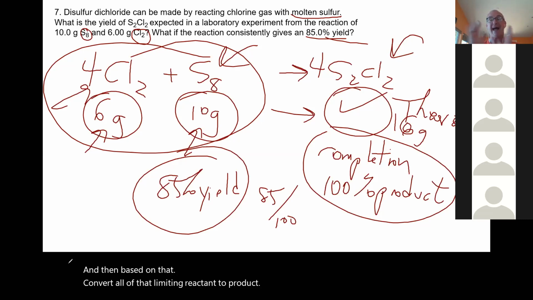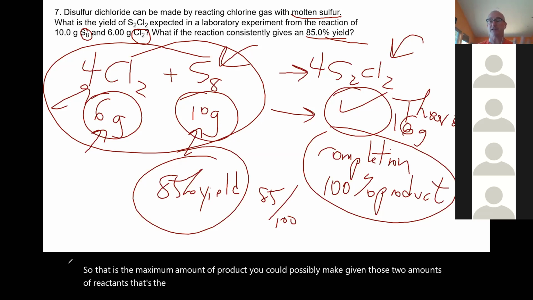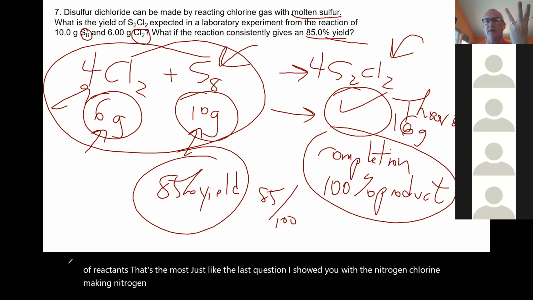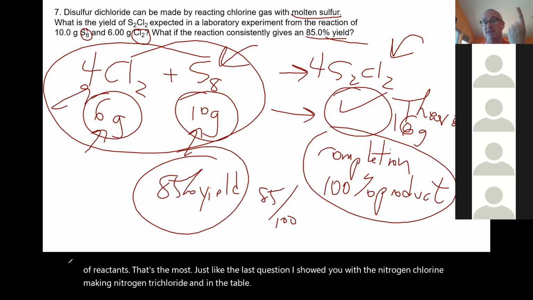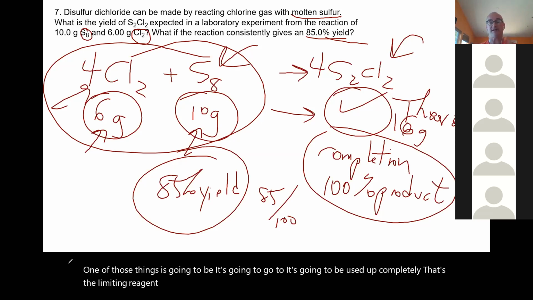So that is the maximum amount of product you could possibly make given those two amounts of reactant. That's the most, just like the last question I showed you with the nitrogen and the chlorine making nitrogen trichloride in the table. One of those things is going to be used up completely. That's the limiting reagent. And that determines how much product gets made.